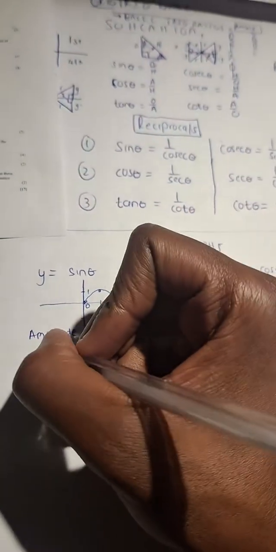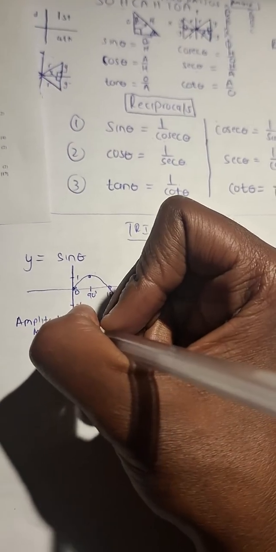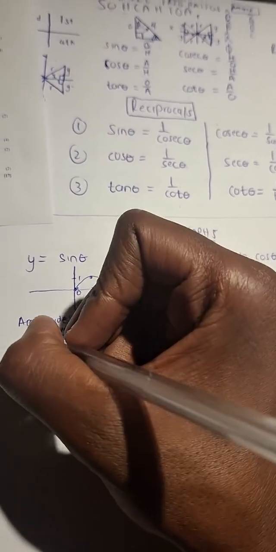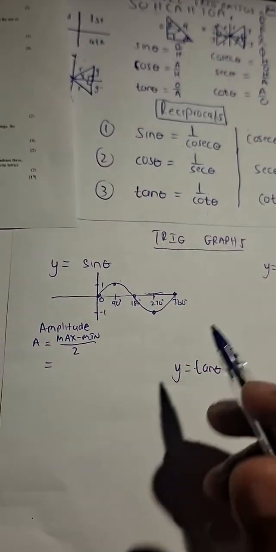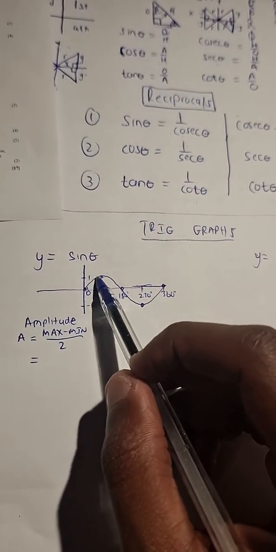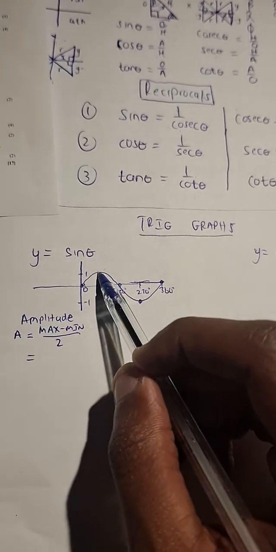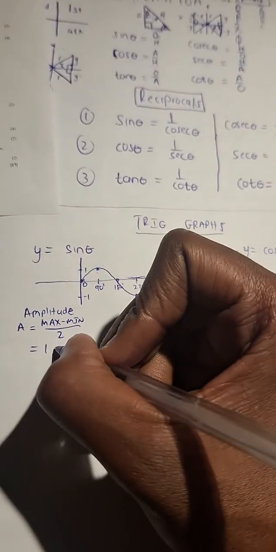Or we use a formula to calculate amplitude, and we say maximum minus minimum divided by 2. Amplitude is a distance, so it's supposed to be positive. If you look at the maximum point where the mother sine graph touches, it touches at the y value, which is 1.